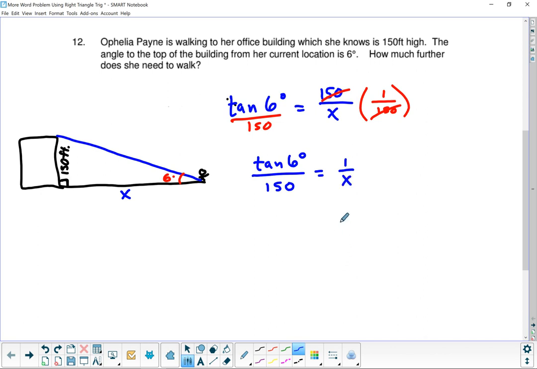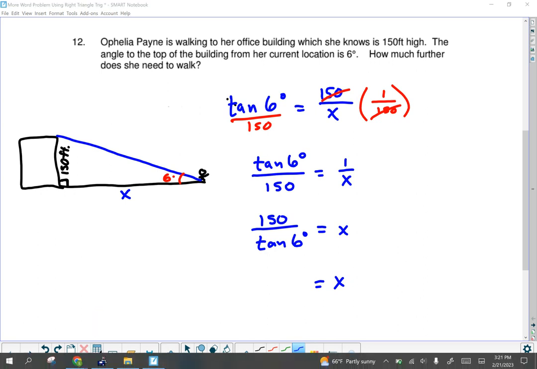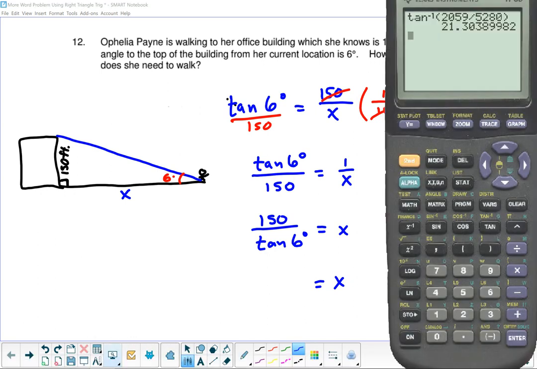I'm going to flip both, so x equals 150 over tangent 6 degrees. When I flip it, it's actually x over 1, but I don't need to put the 1 underneath anymore. In my calculator, I get x by doing 150 divided by tangent of 6.